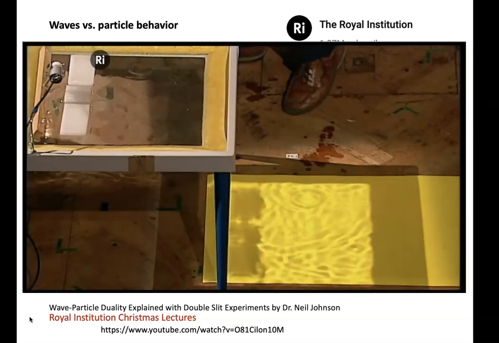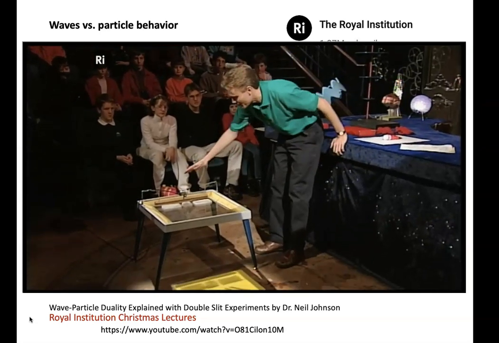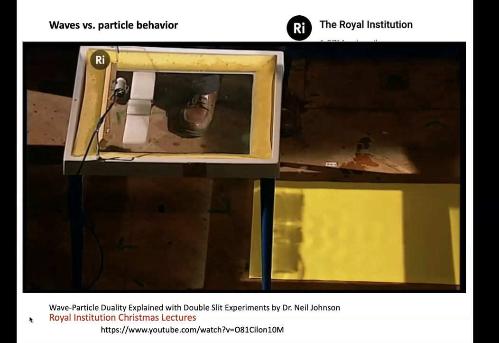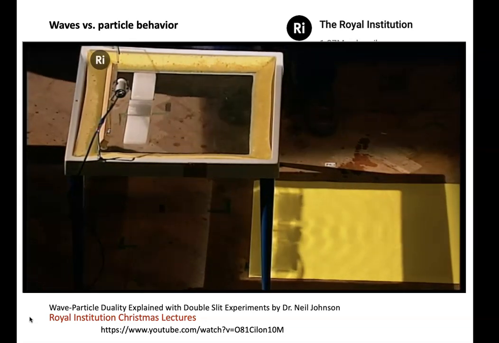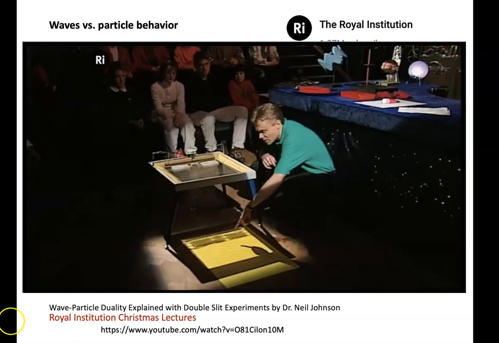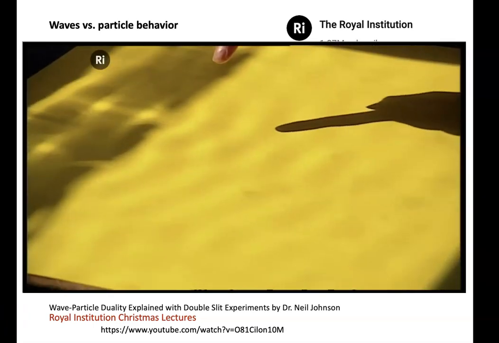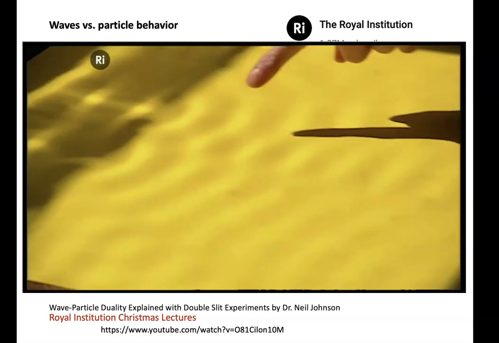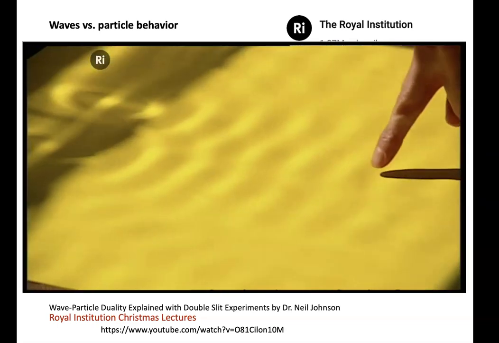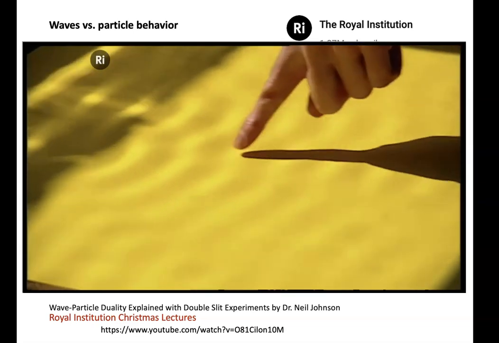You can see it in a more controlled way. Here we have a motor that's actually going to cause ripples, and it's going to pass through two slits, and these slits are going to produce ripples which go out into the water and actually interfere, very much like with the two ducks. You can see a pattern emerging. You can see here, along this line, two ripples are adding up.